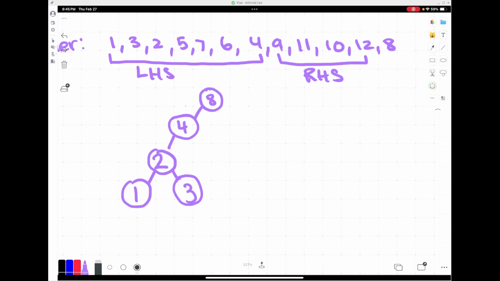The reason why we put the 3 there is because 3 is less than 8, and it's less than 4, but because we already have the 2 here, we have to put it further down here because 3 is greater than 2. That spot's already taken.